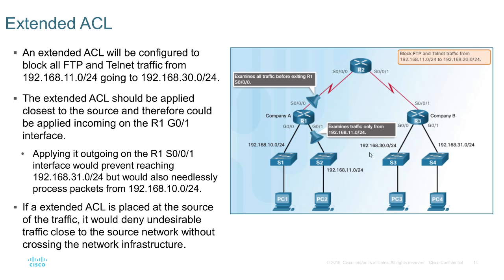For example, if you want to block 30.0, we can block 30.0 here, and it will only block 30.0 destination addresses, and 31.0 will still be allowed through the network. Whereas in standard, it was not possible because we didn't know the destination in the rule. Here we know the destination in the rule, so we can control that in extended ACL.